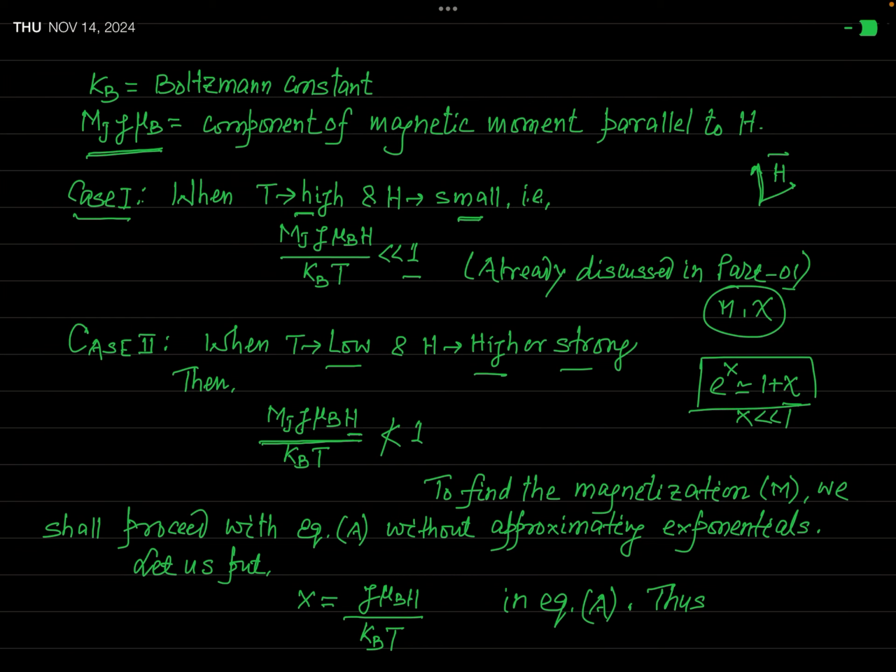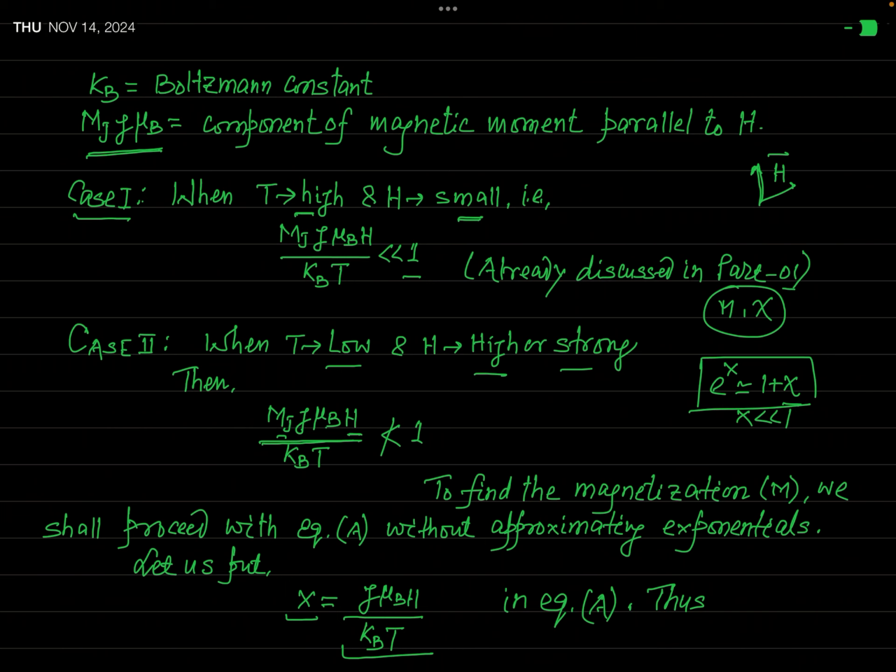So let us see what will be then the magnetization when we simplify this result. Actually, for simplifying this result, let us consider that this factor g mu b h over kbt, it means except mj, the remaining factor g mu b h over kbt, for simplicity we consider it is equal to x. Okay.